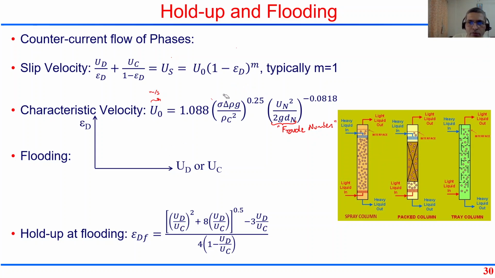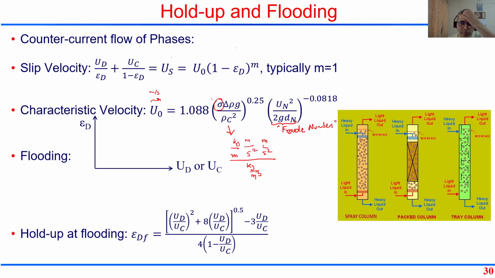Just to make sure that everybody is understanding, sigma, surface tension, has units of Newton per meter, delta rho has units of kg per meter cube, g is meter per second square, rho c square is kg per meter cube square, kg square meter raised to 6. Now 1 kg per meter cube I can cancel out, and this Newton I can write as kilogram meter per second square.